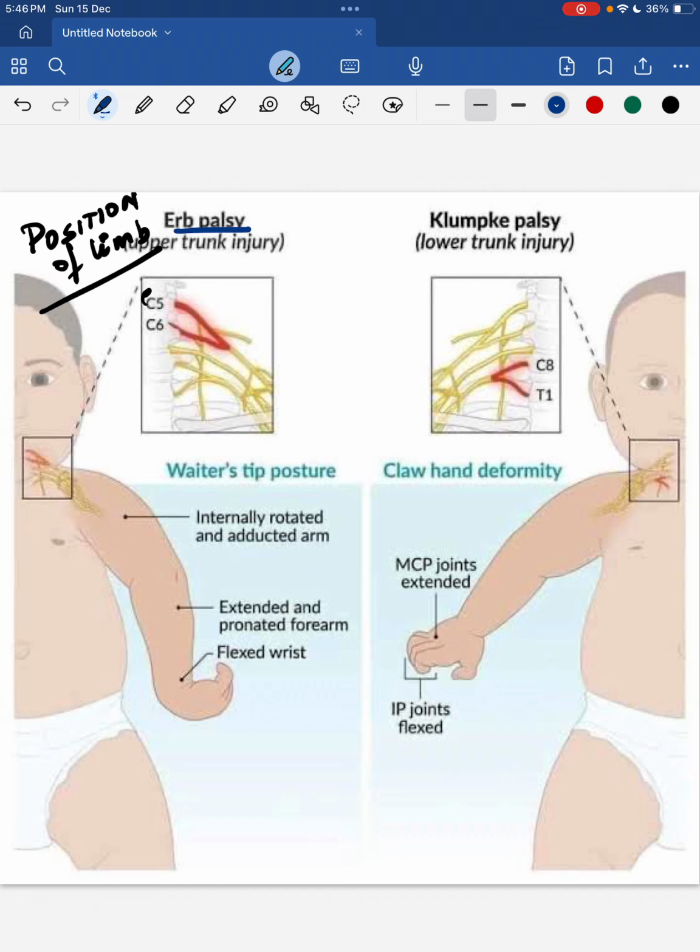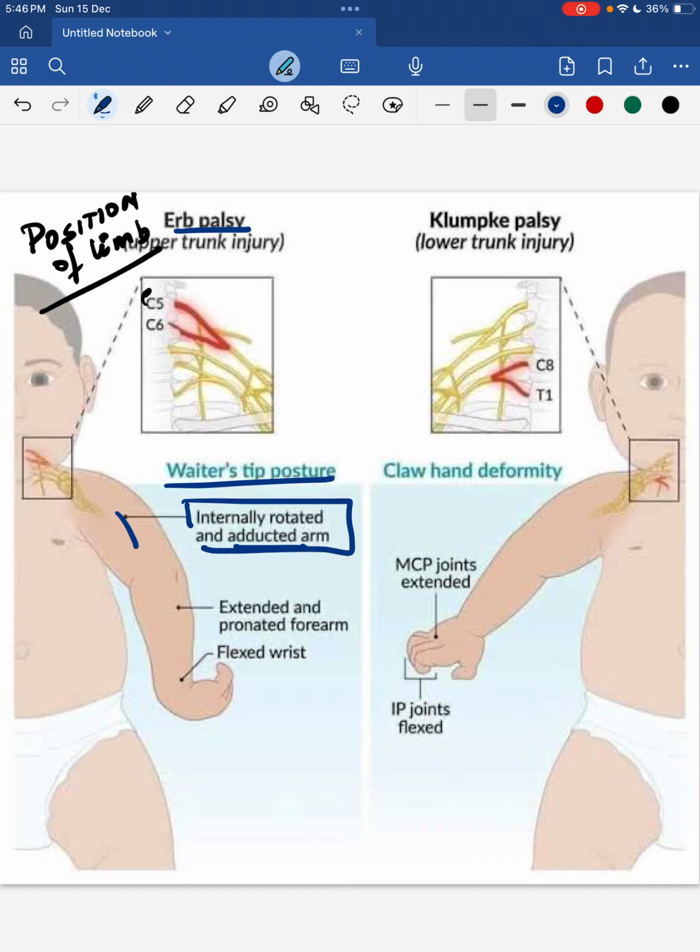Next will be your position of the limb. So Erb's palsy is also called as what? It is your policeman tip hand or porter's tip hand, or waiter's tip hand or waiter's tip posture. So the position of the hand will be, that is your arm will be internally rotated, that is medially rotated and adducted.